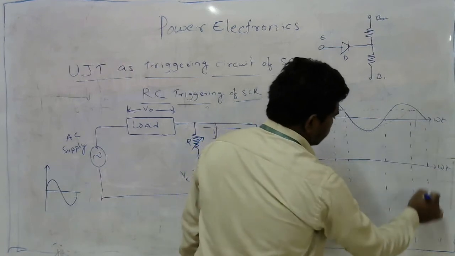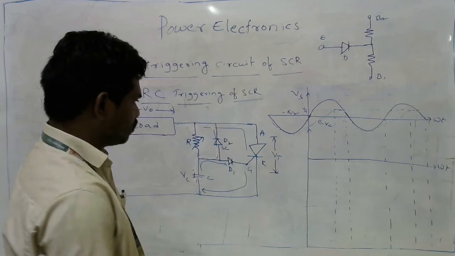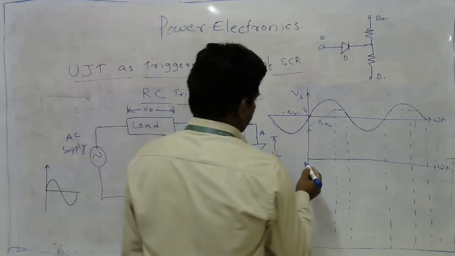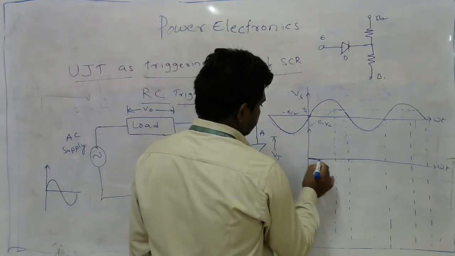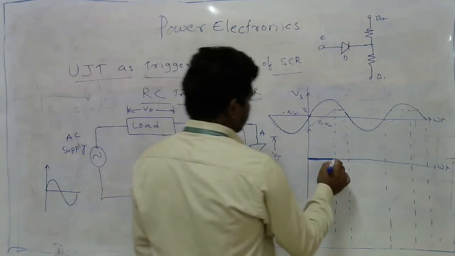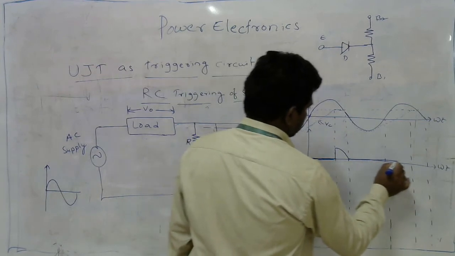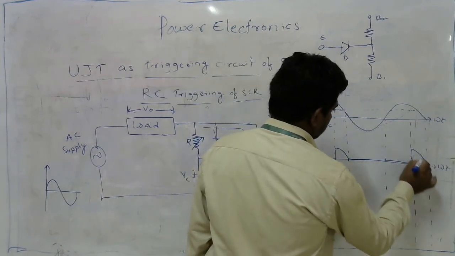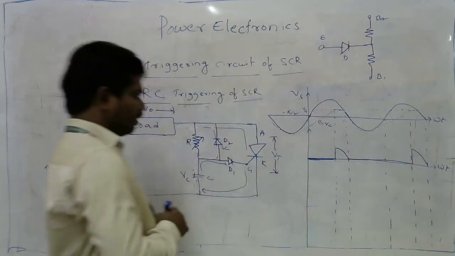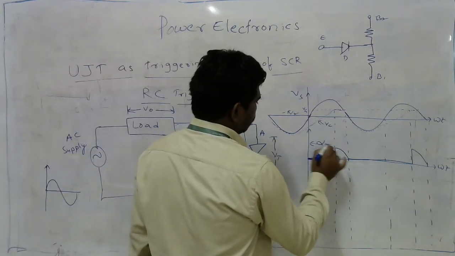It is very simple when you draw the vertical lines towards the remaining portion, and you will be able to draw this one. During this, there is no output voltage, thereby we are getting this portion as the output voltage. This is my output value that I am getting because this is the alpha value.